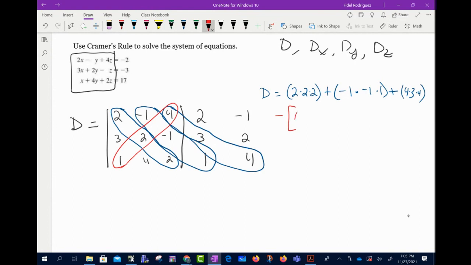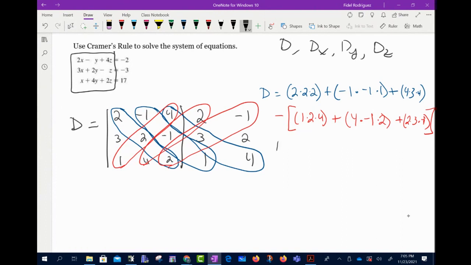I'm going to multiply those together. 1 times 2 times 4, plus, and I'm going to do these right here. Okay? 4 times -1 times 2, okay, plus, and then one last set here. All right, 2 times 3 times -1. And close my brackets.